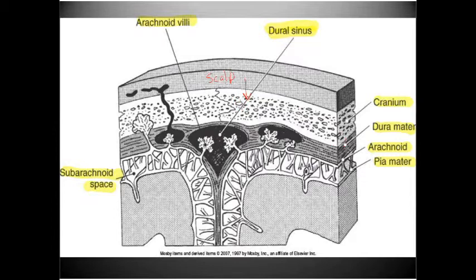Below that we have the dura mater, which is comprised of this layer. Just below that we have the arachnoid. Then we have the subarachnoid space, which comprises this area. And then we have the pia mater, which is directly covering the brain.